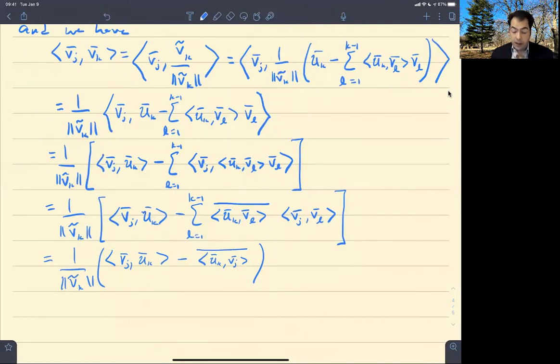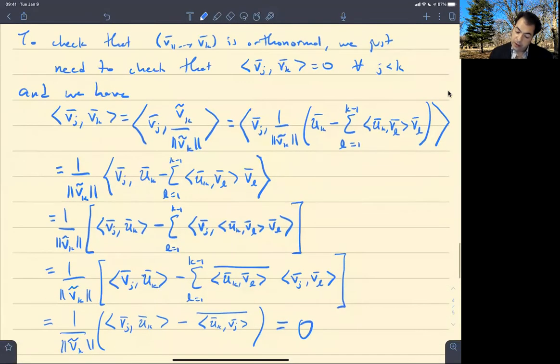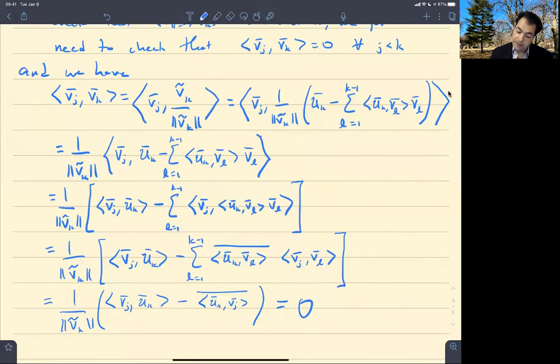Now remember, in the inner product, if I switch the order of the vectors, I pay with the complex conjugate. So this guy is the same as this guy. And since I'm subtracting them, this whole thing is equal to 0. And of course that's what we wanted.